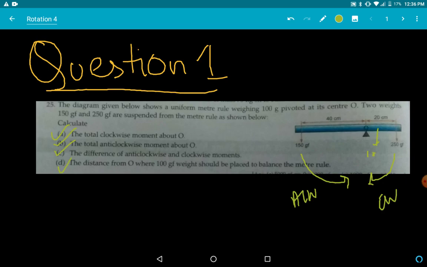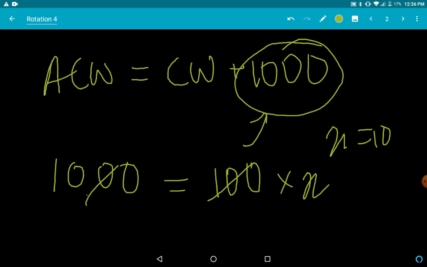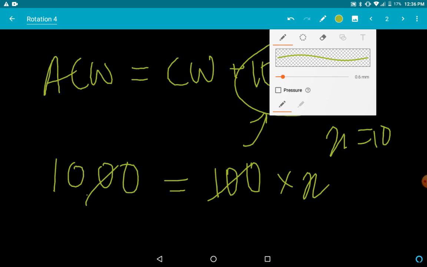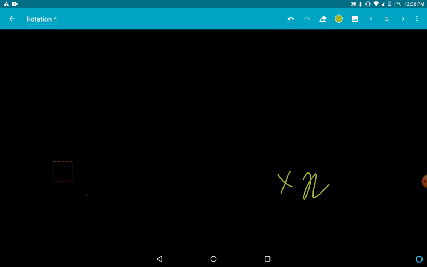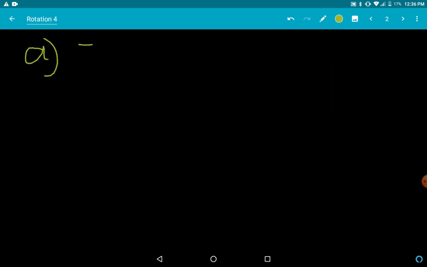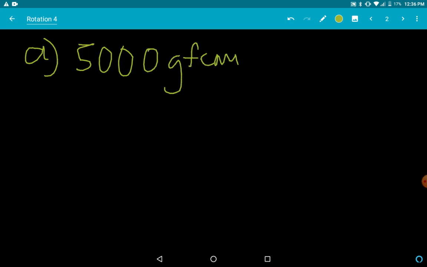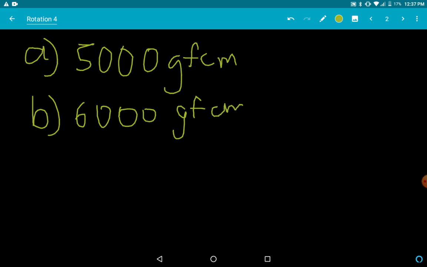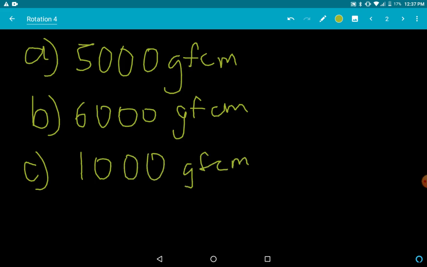Understand? Now in the exam you solve the whole thing, and finally you should always write the answers. If you want to get good marks, it is better to write a first, 5000 gf centimeter, then b, 6000 gf centimeter, then c, 1000 gf centimeter, and then what was the last question?